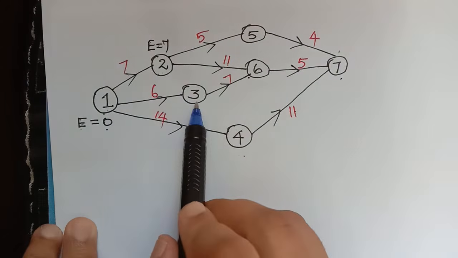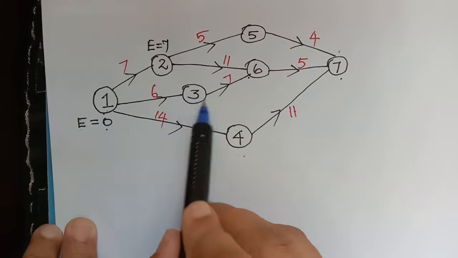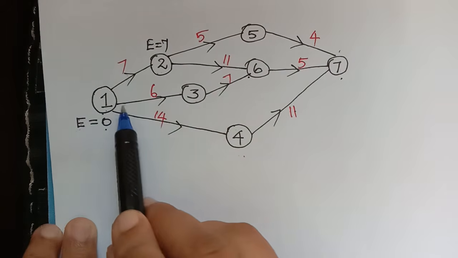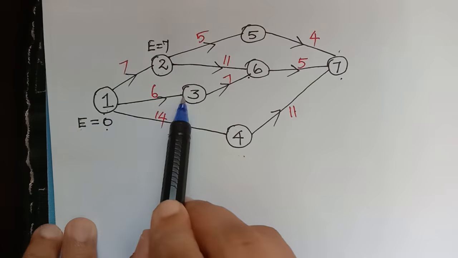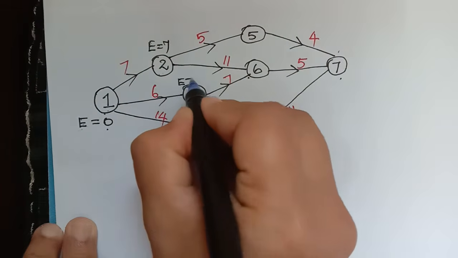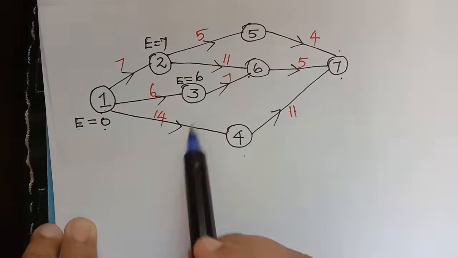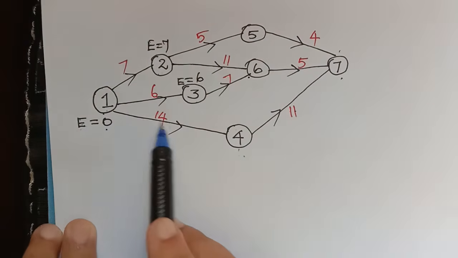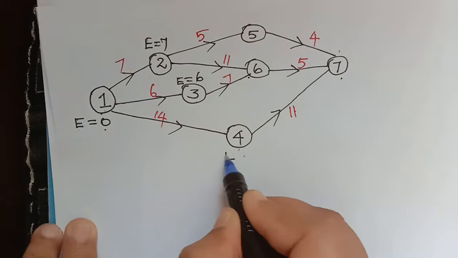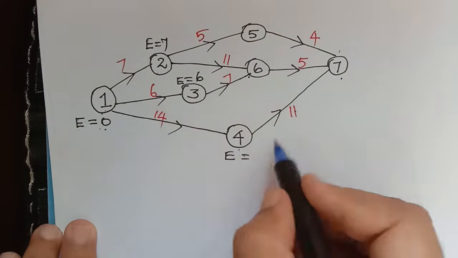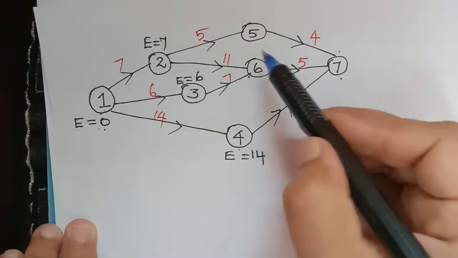The next event is 3. Again, the number of activities getting into it is only 1. So the value of E for this will be equal to 0 plus 6, which is equal to 6. And then for this there is only one activity getting in, so the value of E will be equal to 0 plus 14, which is 14. Next we have 5.